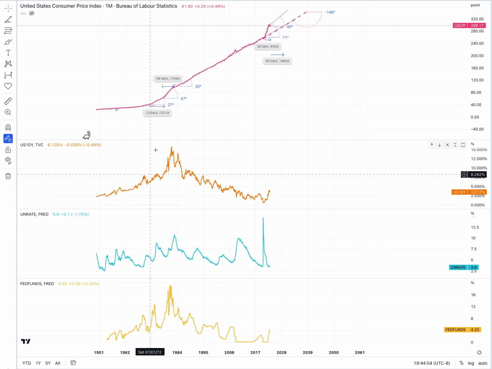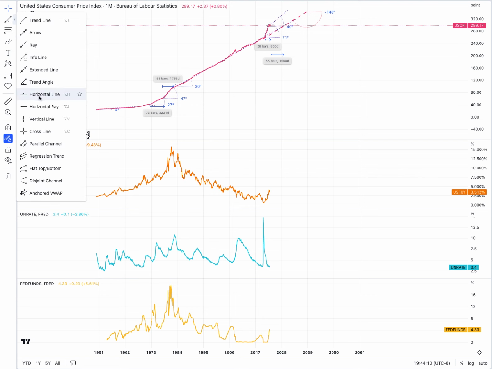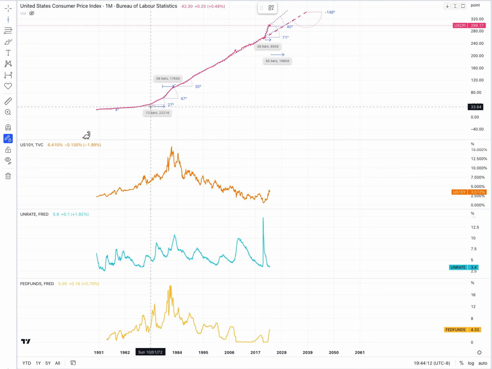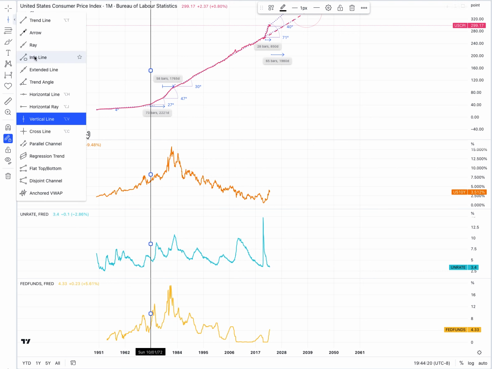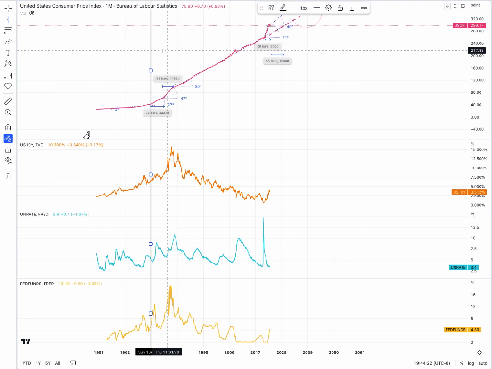During this time, for the 10-year, if I put a vertical line right around 1972 to here, 1978, the slope was 27 degrees.